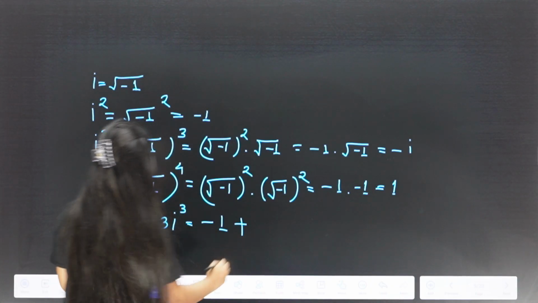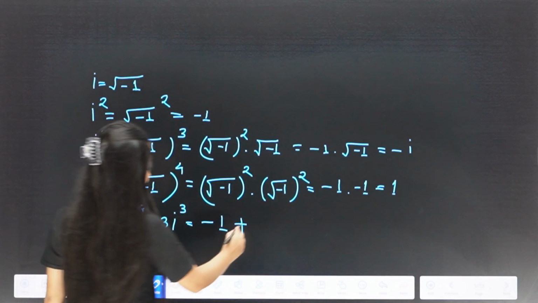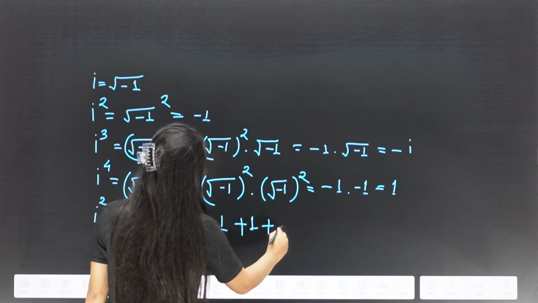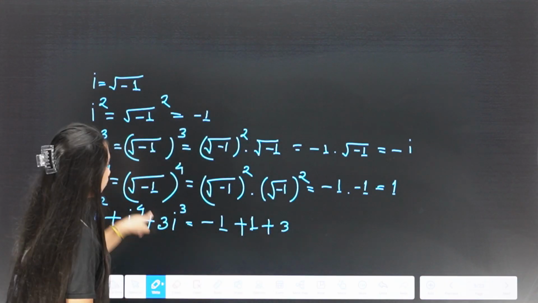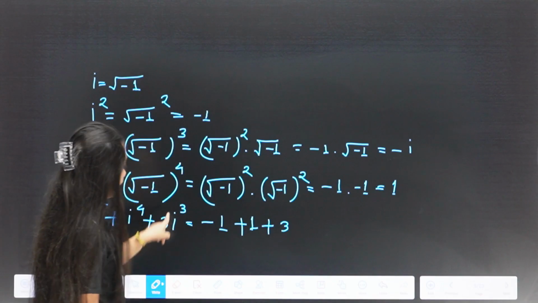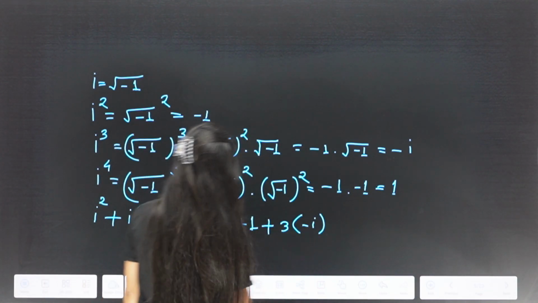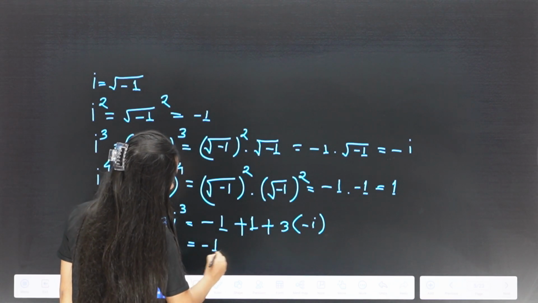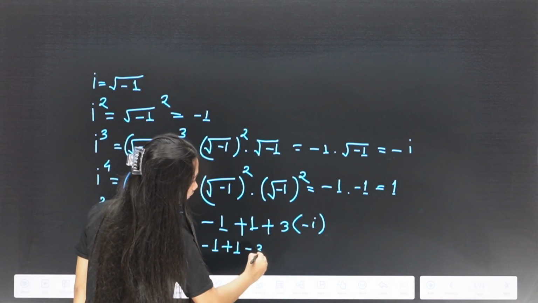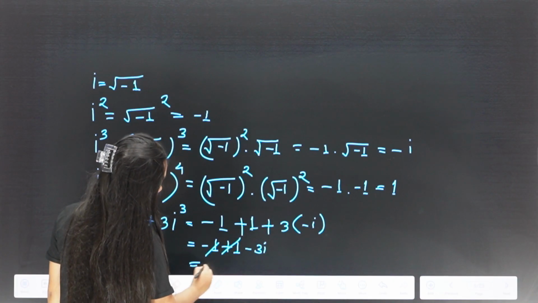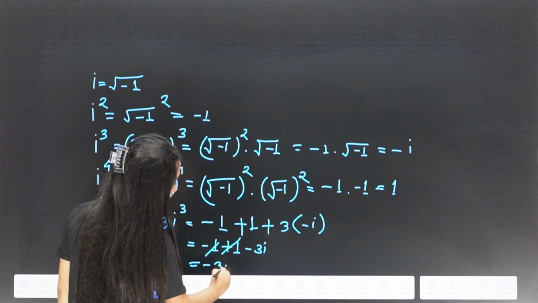And what is i to the power 4? i to the power 4 is 1. And what will be i cube? We write 3 into i cube, and i cube is minus i, so minus 3i. So it is equal to minus 1 plus 1 minus 3i. We can cancel, so our answer will be minus 3i.